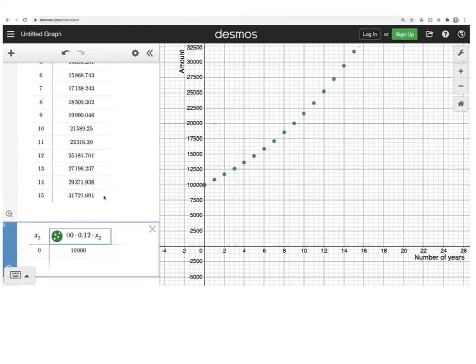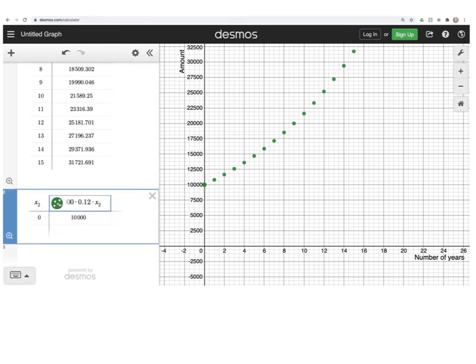Okay, so that better change the colour, so it's not green. Let's go purple. Okay, so there's our simple interest.